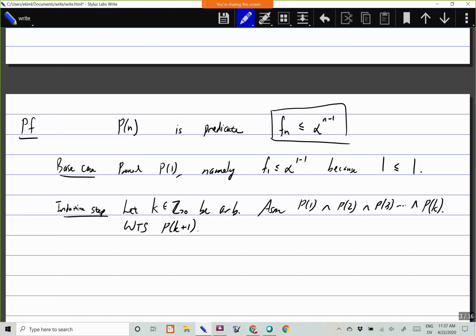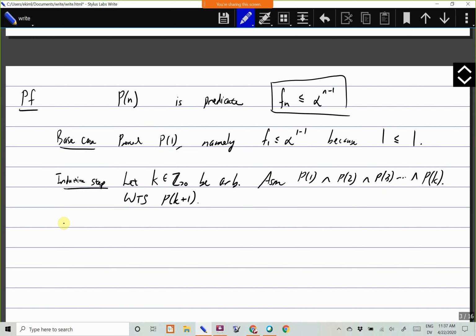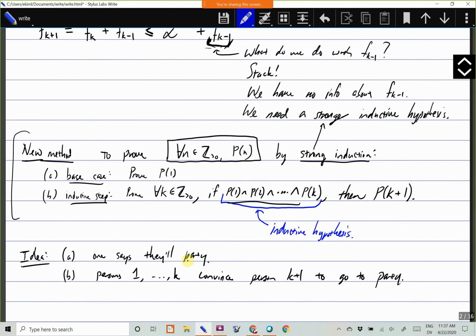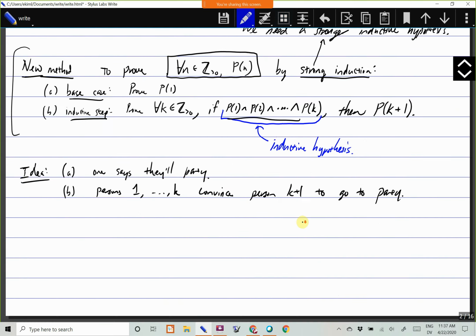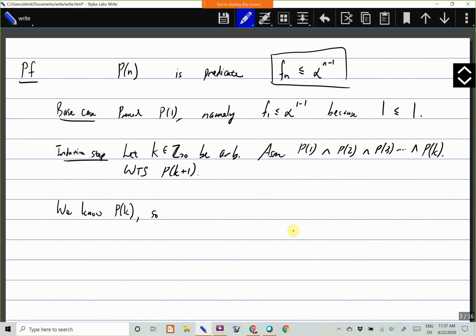So just to note, since we know P of k, and I'm sorry to do this, I'm going to scroll back up. P of k was this thing that we assumed. I guess I didn't need to do that. Let's just argue it again. So P of n is in the box here.